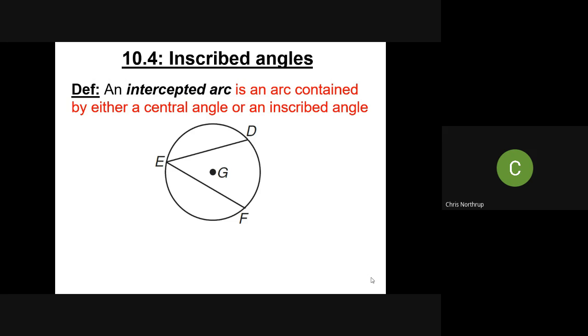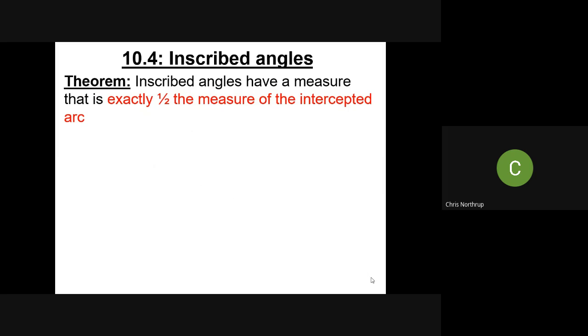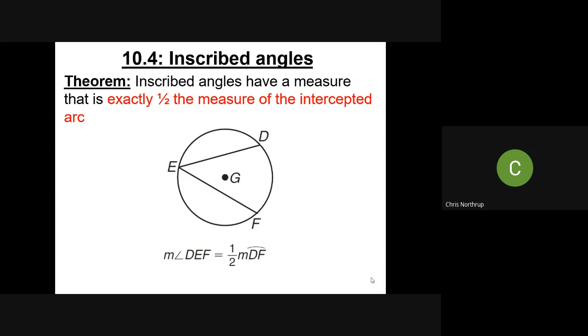So how do these things relate to each other? It turns out we have a theorem, and we can prove this using a bunch of triangles. It says that any inscribed angle is always going to be half of the intercepted arc. That's how their measures relate to each other. Looking at that diagram, angle DEF has a measure that's always half the measure of arc DF, which is also the same as half the measure of angle DGF.